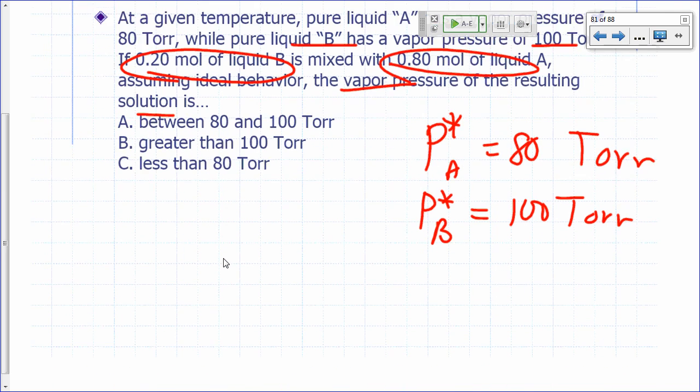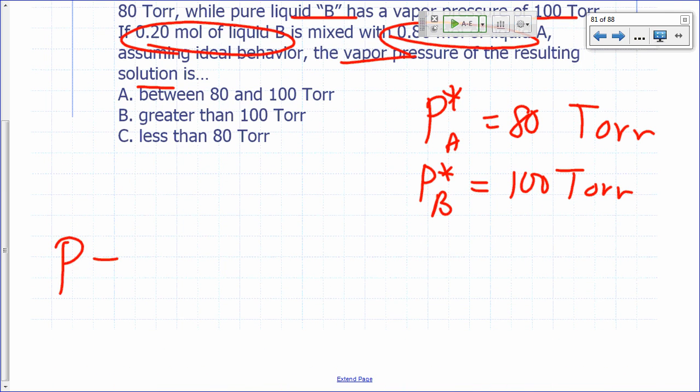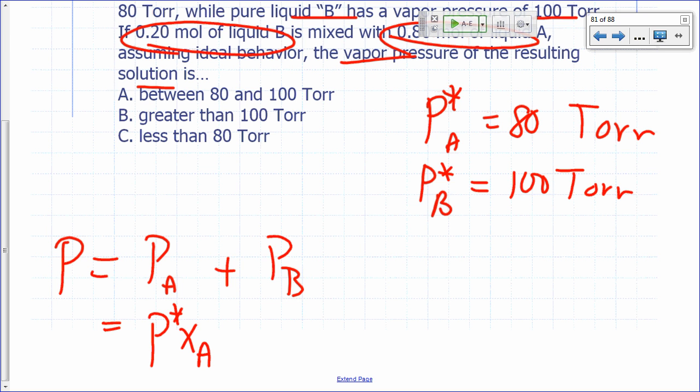The vapor pressure would just be equal to PA plus PB, the partial pressure of A plus the partial pressure of B. So it's going to be P star A times the mole fraction of A plus P star B times the mole fraction of B.